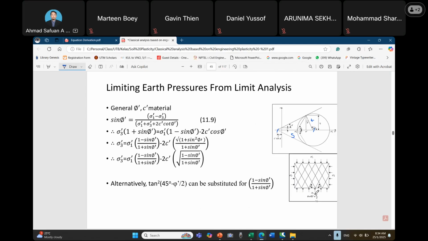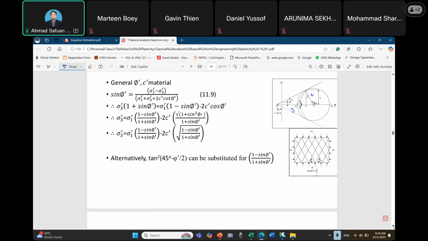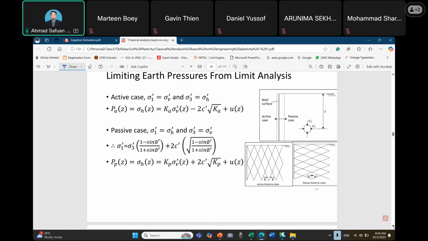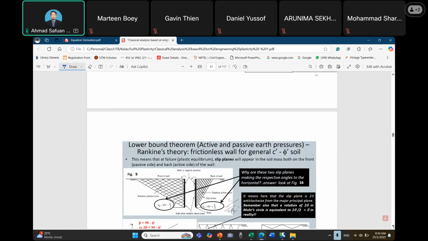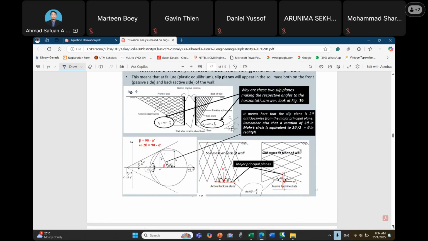So how is this angle derived? We look at this explanation. This is for the active.